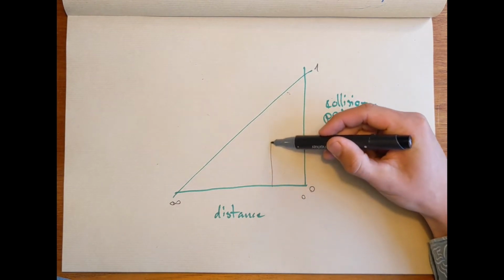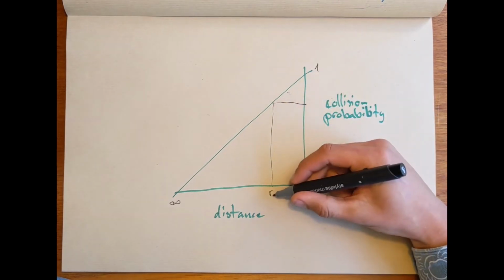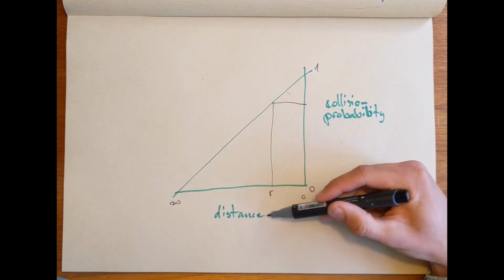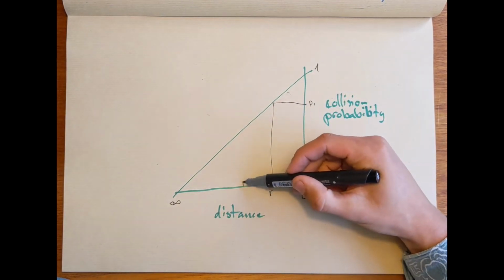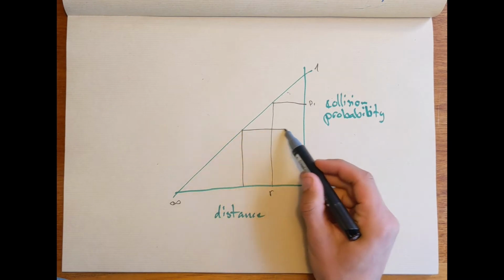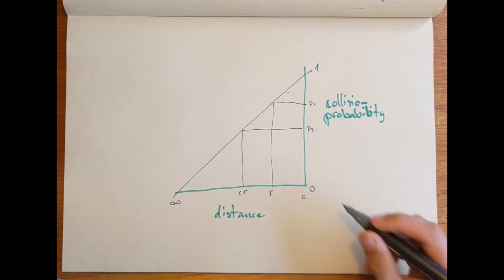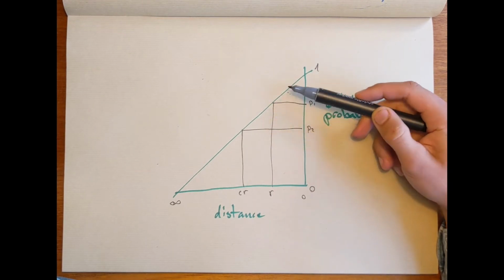But then the important thing is the probability here at distance r. Remember, that was the radius of the first circle, where we have some probability and we have some other probability here. Let's call it P2 at distance cr. And this gap here, of course, we would like this gap to be as big as possible.